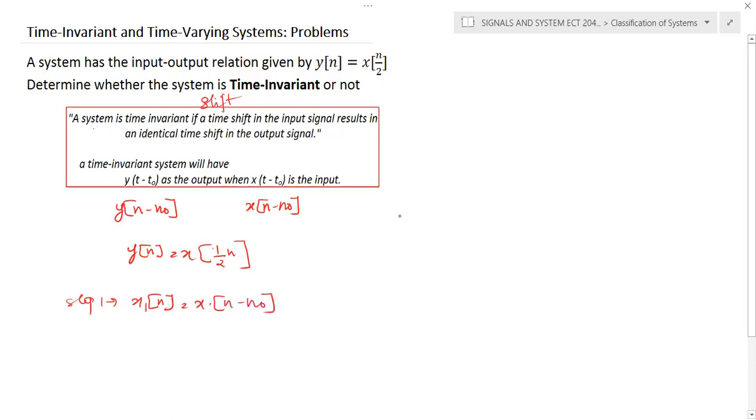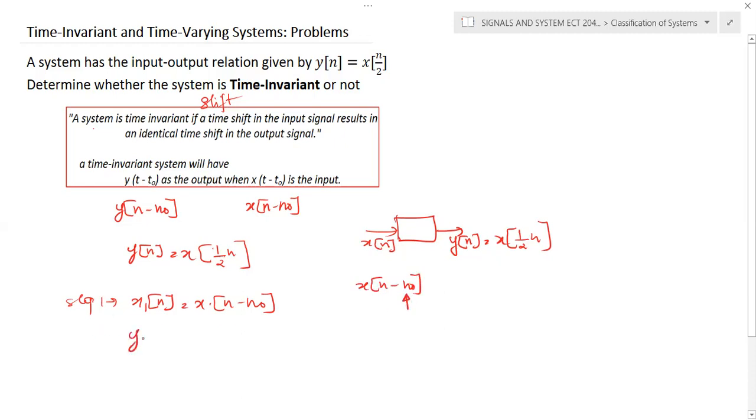If x of n is the input, the corresponding output is y of n, which is written as x of 1 by 2n. Now we are applying a shifted version of the input, that is x of n minus n0, meaning the input is shifted by n0 units.